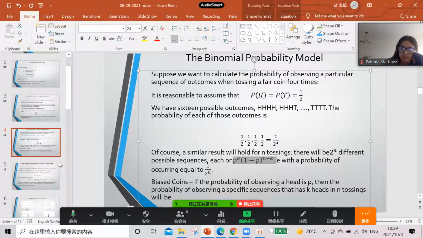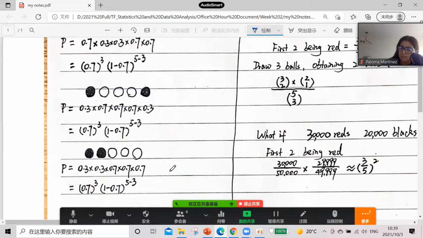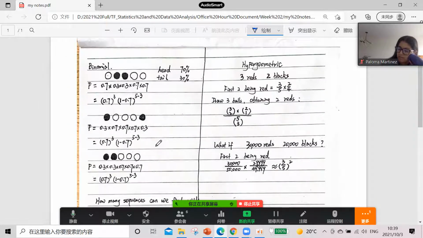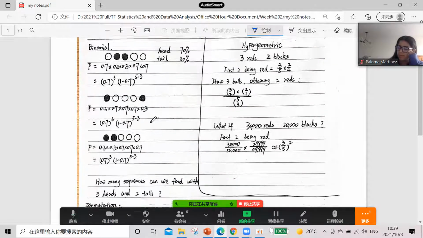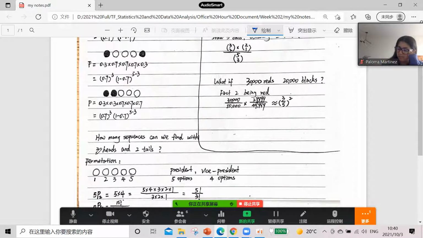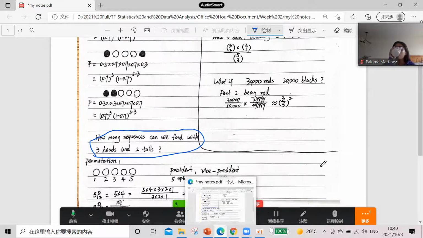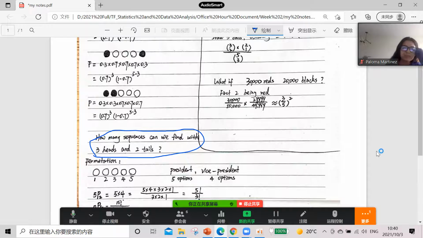Okay, but when things become a little bit difficult, what if my question isn't that I write you a specific sequence and ask you what is the probability, but instead I ask you how many sequences can we find with 3 heads and 2 tails? This is very important because in reality, many times we don't mind which 2 positions you chose a tail, which 3 positions you got a head.